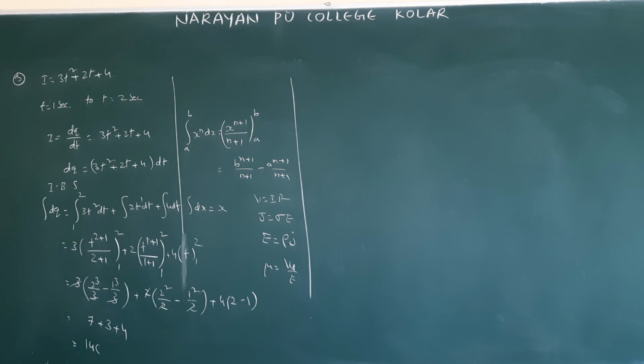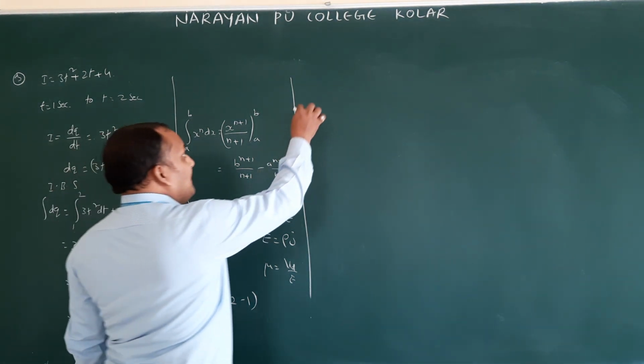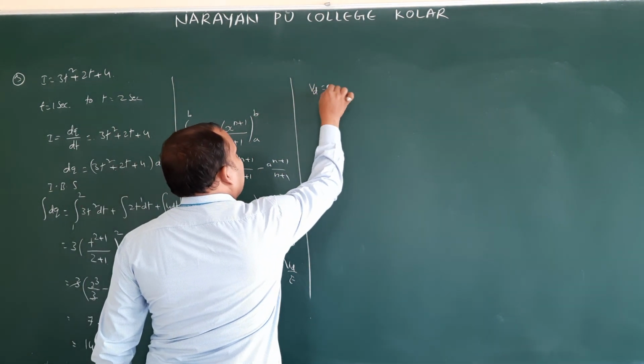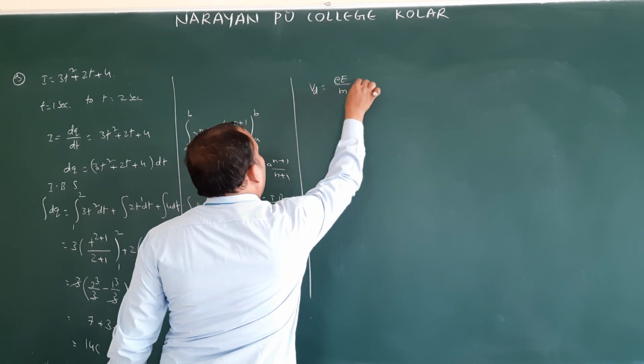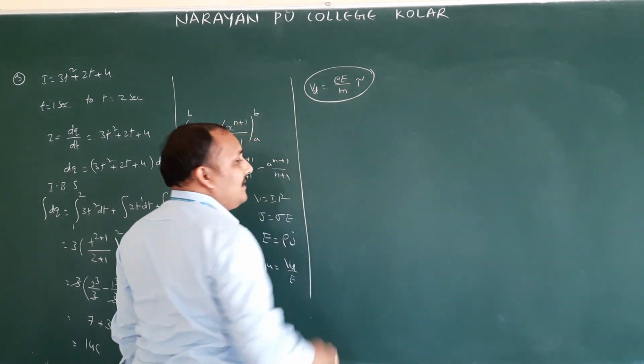That is theory question. So next, the potential difference is applied across the ends of a metallic wire. If the potential difference is reduced to half, the drift velocity is? See there, the potential difference is reduced to half. What is the drift velocity? What is the drift velocity equation we came to know? Vd is equal to E by m into tau.